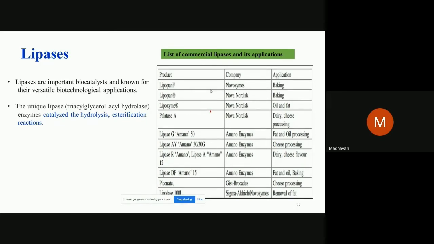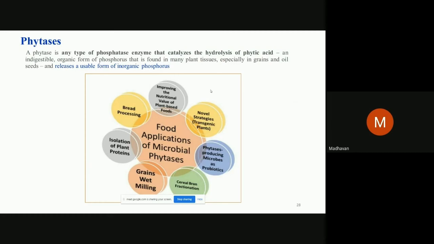There are a lot of commercial lipase products available under different names, like Lipopan, Lipozyme, G lipase, AY lipase, depending on the companies. As I told you, most of these enzymes are from Novozymes and other multinational enzyme-producing companies. So lipase is basically used in baking, oil and fat industries, and cheese processing.